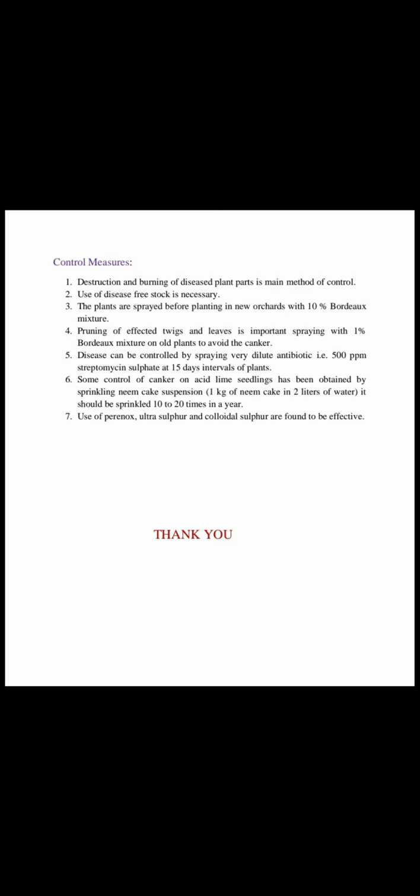Second is the use of disease free stock. Using disease free stock is necessary. Then the plants are sprayed before planting in new orchards with 10% Bordeaux mixture. On old plants, if we spray 1% Bordeaux mixture, it avoids canker disease.